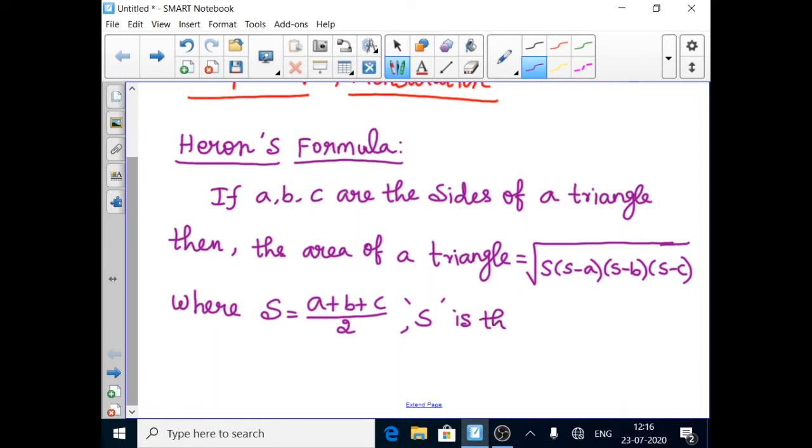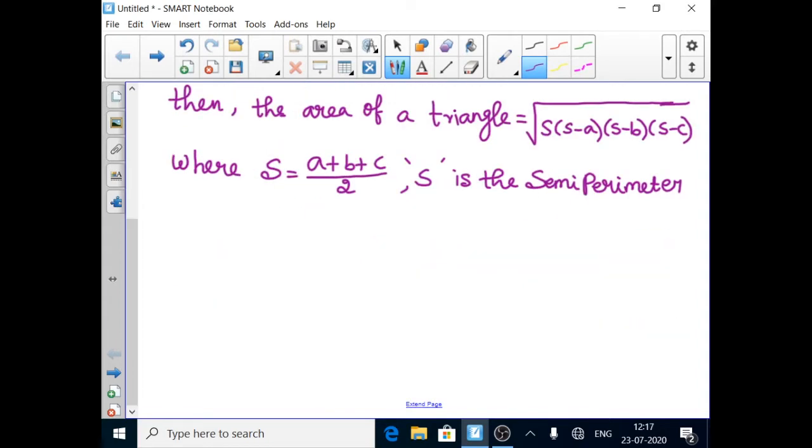Semi means half. We know that already. If you are taking a triangle, the sides are a, b, c, and we know that the perimeter is what?